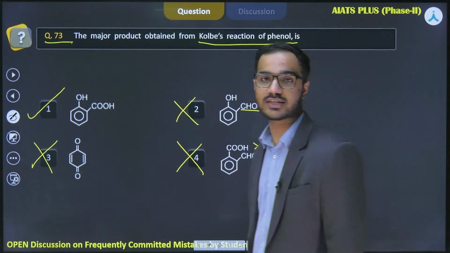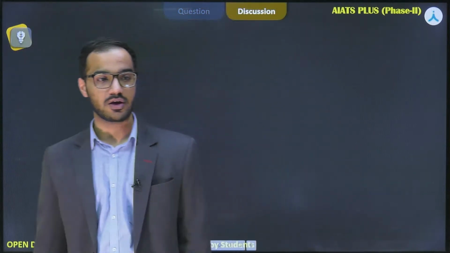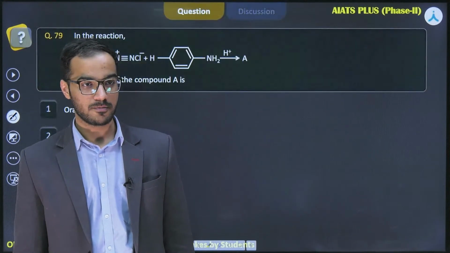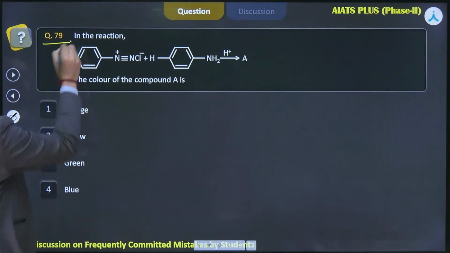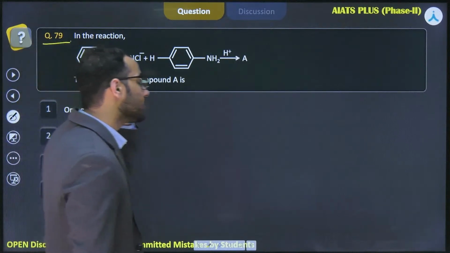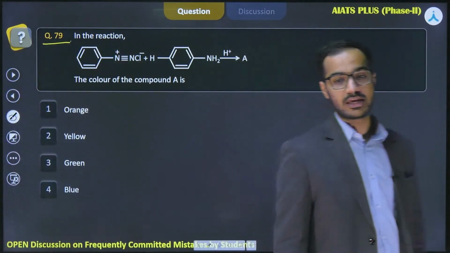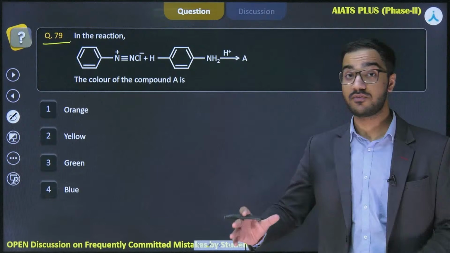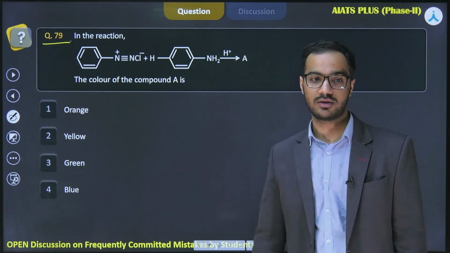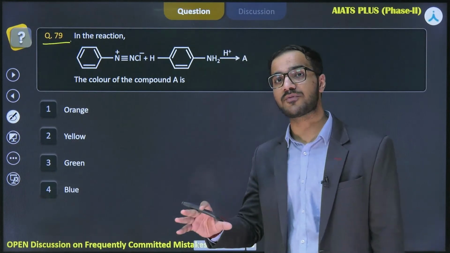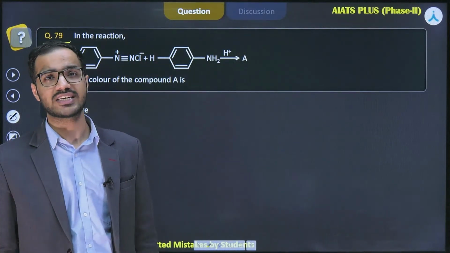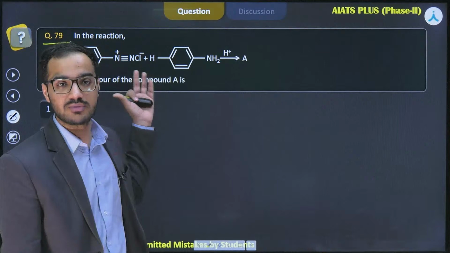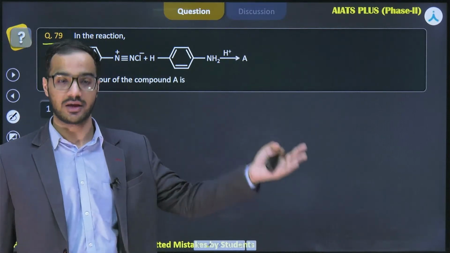Okay, moving to the next concept, we have question number 79. This is a very important reaction while we're dealing with the amines part. And in the amines part specifically, this question is regarding a diazonium salt, and we have to prepare a dye.